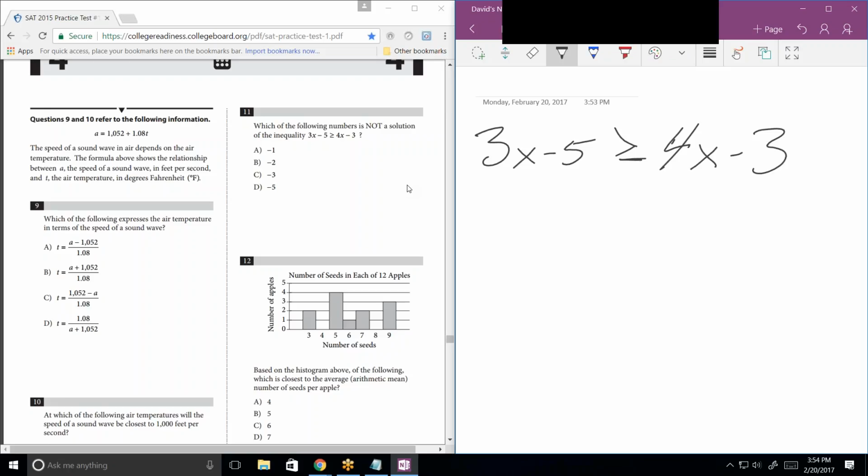What do you get? You get x is less than or equal to -2. So you get this, right? Yeah. Which answer is not a solution?